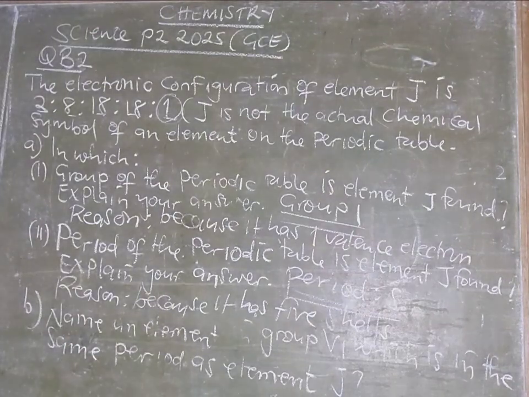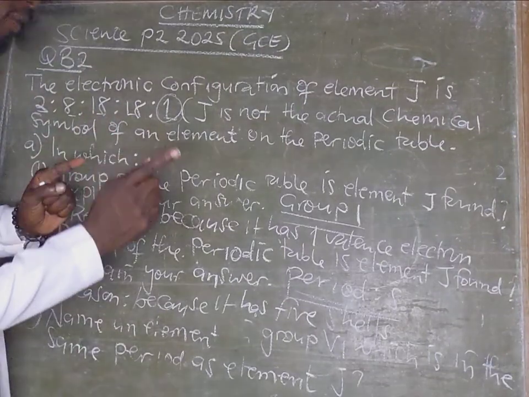Because it has the number of 5 shells, and we know that the period number is determined by the number of shells of that specific element.